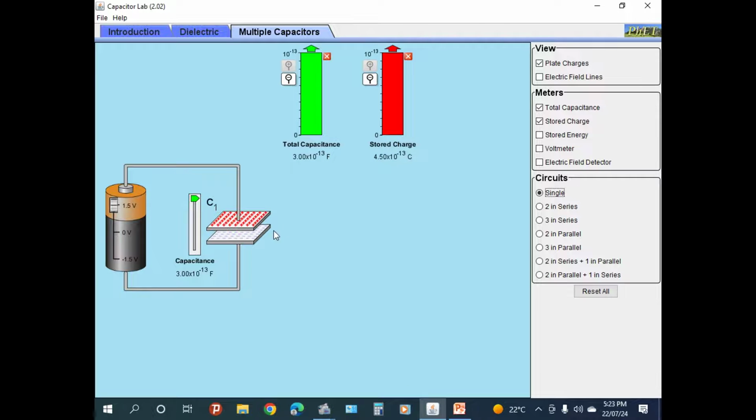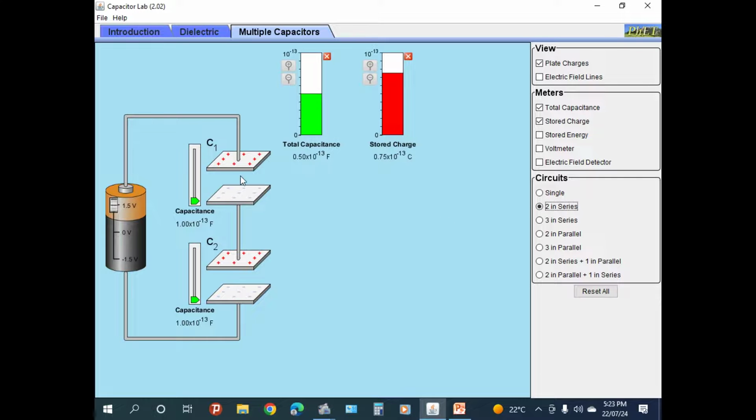Let's increase the capacitors from 1 to 2, which are in series here, two capacitors in series.